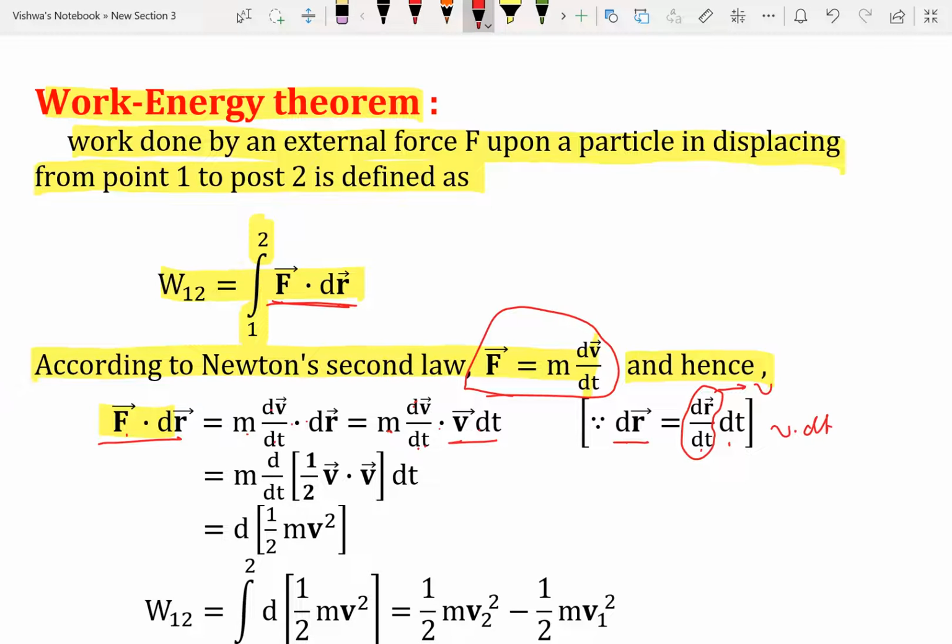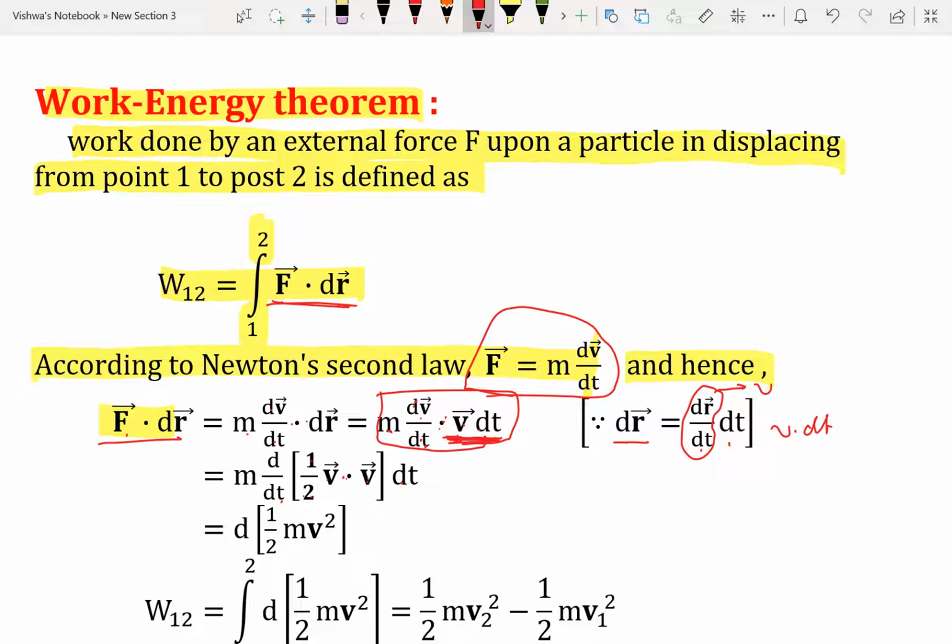So this can be simplified as d by dt of 1 by 2 v dot v, into dt. Here this v is not part of the d by dt, it is a separate term, but when you include it in the differentiation, then it should also be differentiated. So we balance this, and it is 1 by 2 v dot v into dt. v dot v is v square.